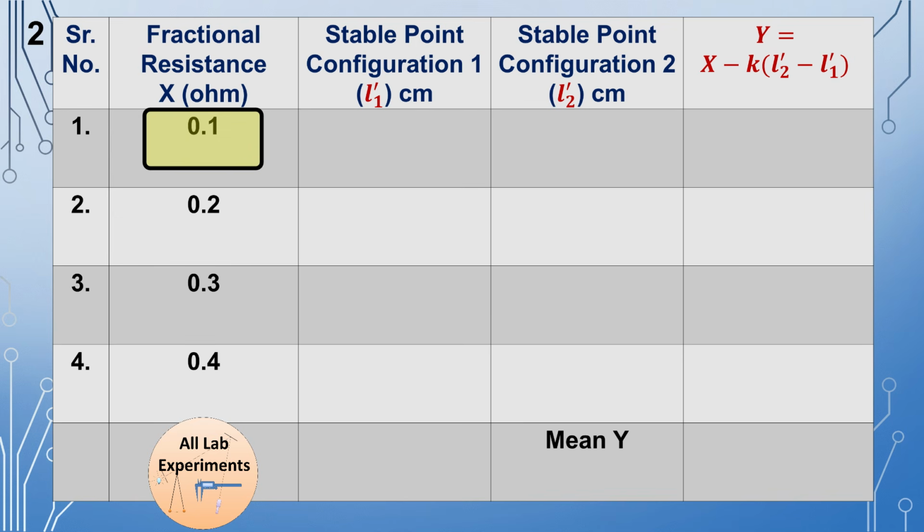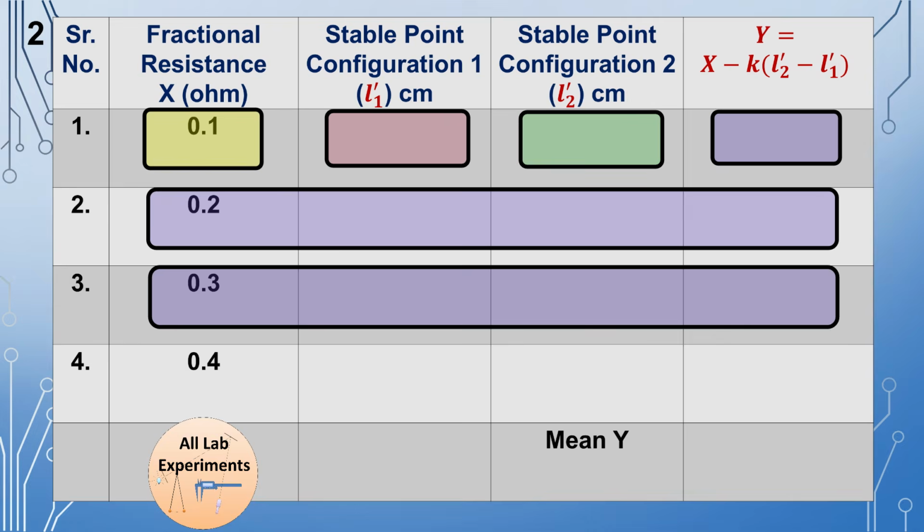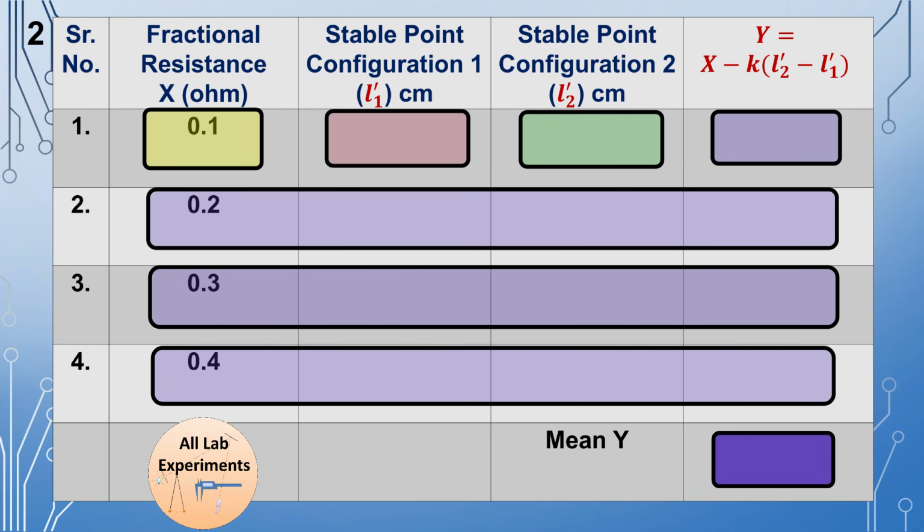For that arrangement we found two stable points in configuration 1 and configuration 2 and named them L1 dash and L2 dash, and in the last column using our formula we determine the value of Y. For better accuracy we repeat this experiment and finally take a mean of it. In this way we can determine the value of resistance per unit length of a Carey-Foster bridge wire and also determine the value of an unknown low resistance.